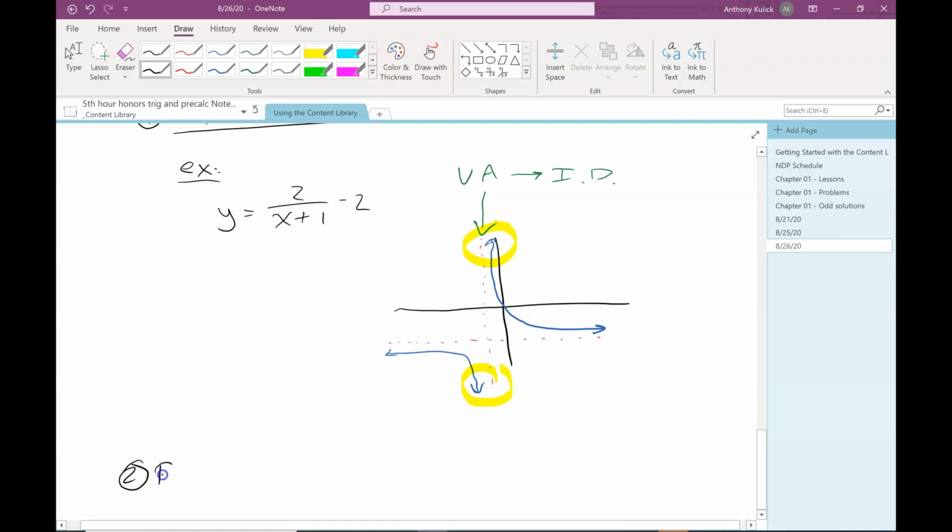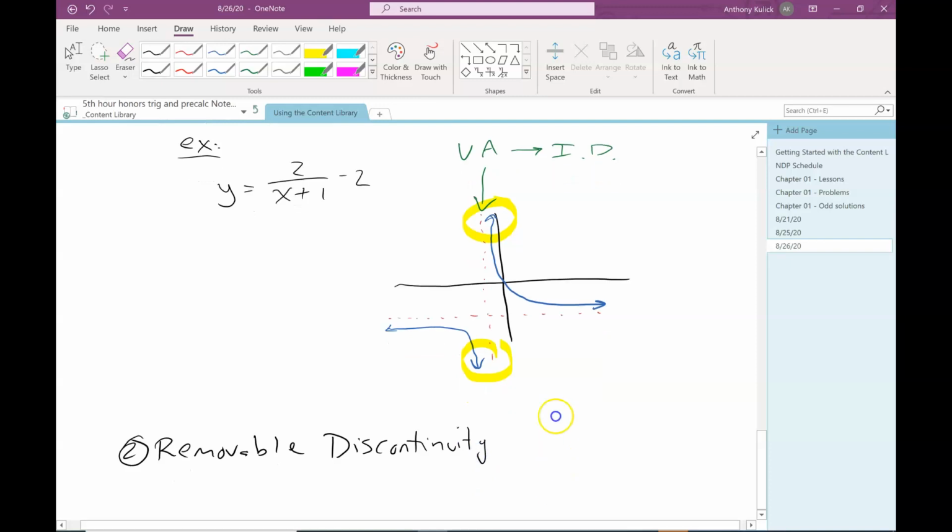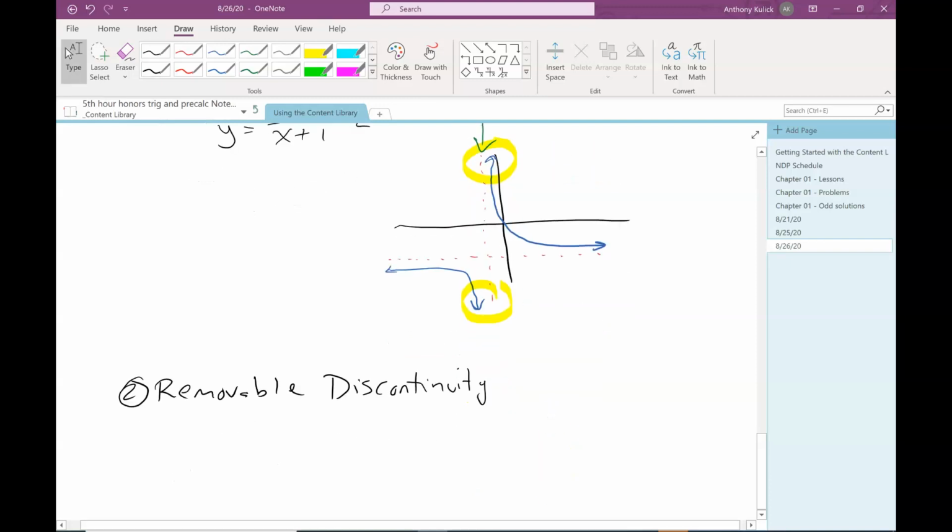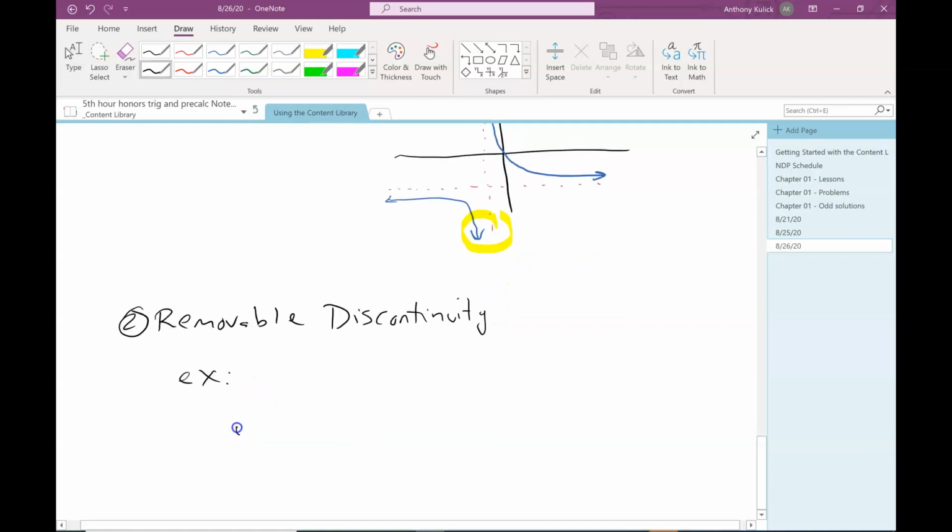The next one is called a removable discontinuity. So let's say that we have a rational function that looks like this.